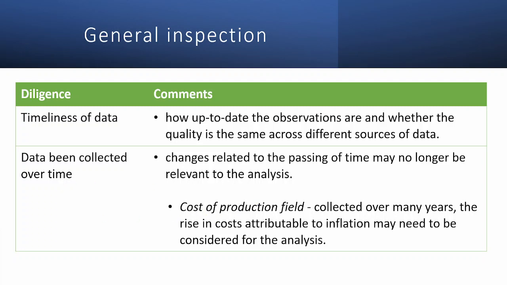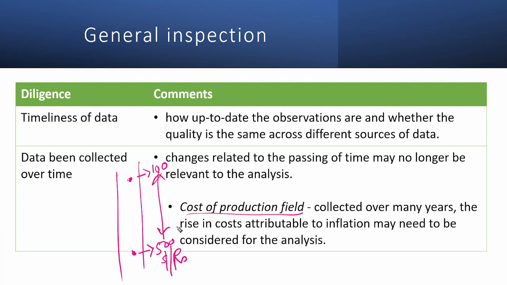For example, let's say we have a cost of production field, and a certain value 3 years ago was maybe 100 rupees or $100, and now the same job is $500 or 500 rupees. Either way, this is going to be problematic when we build our machine learning models or some analysis.